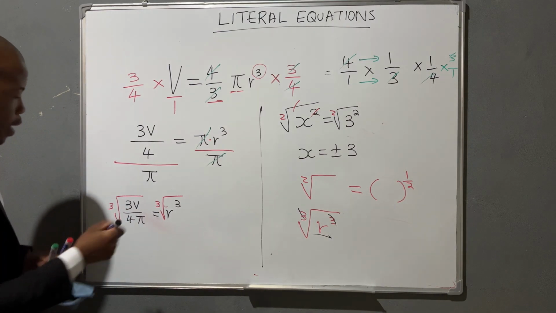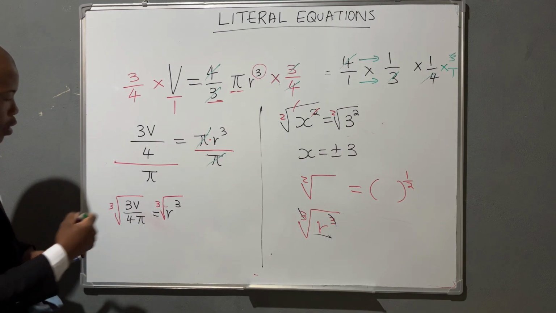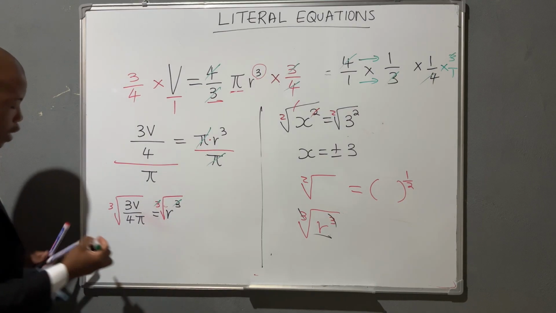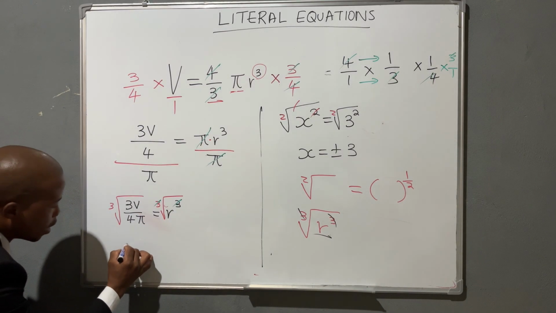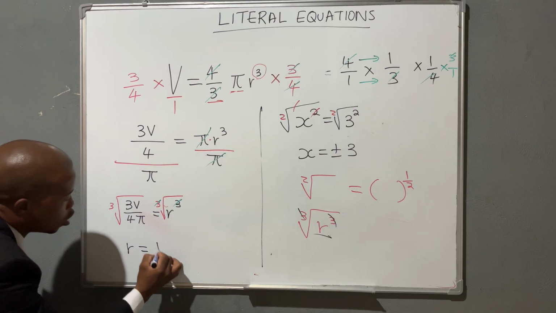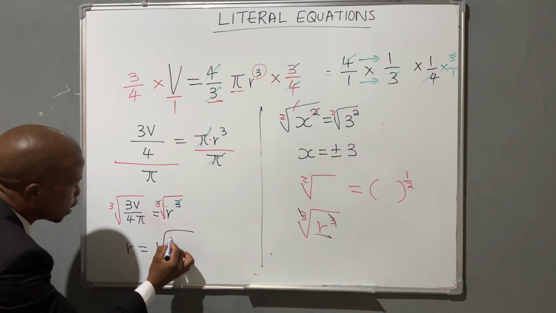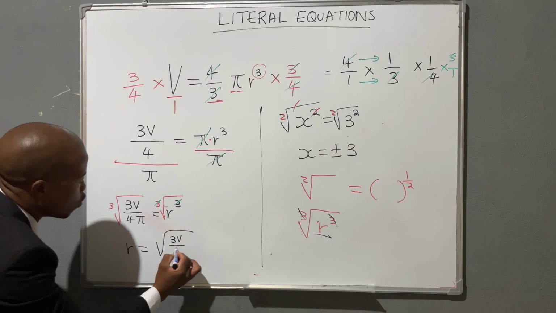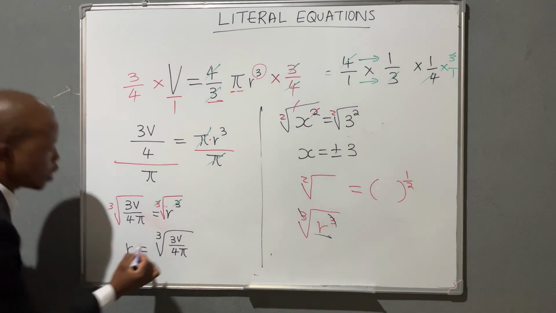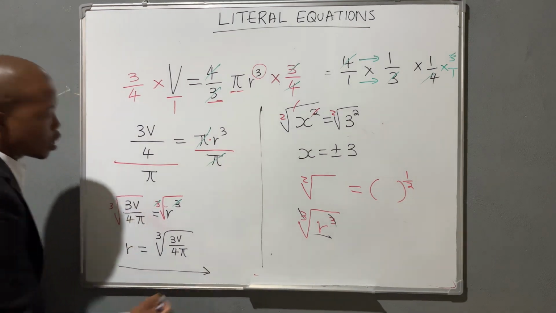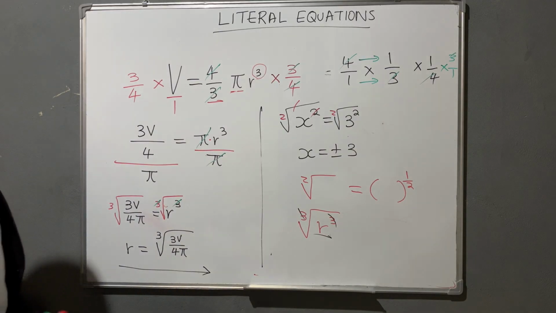Then this 3 here would get rid of that 3, and now we have r equals the cube root of 3v over 4 pi. Then this would be our solution, right?